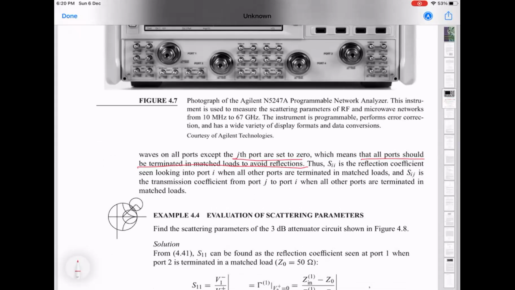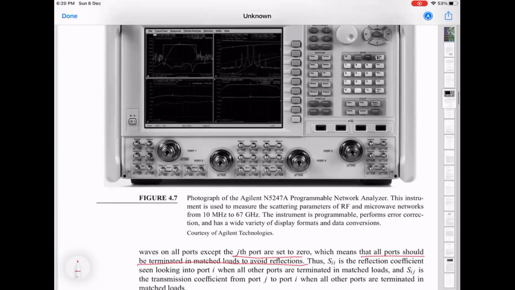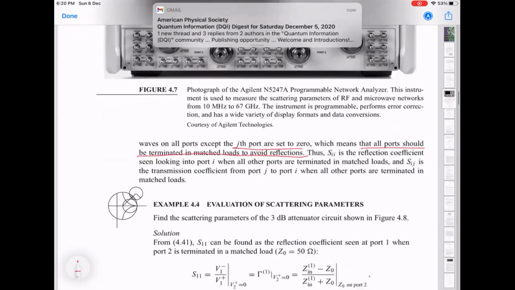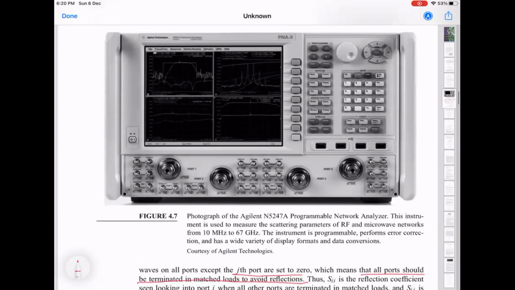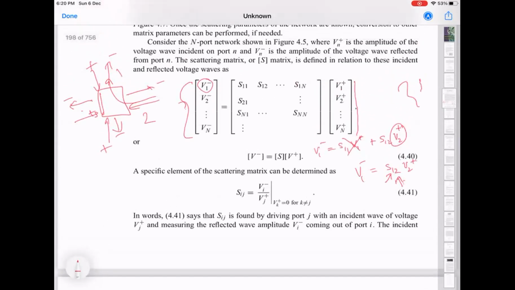If you have an N-port system, all the ports must be connected either to the instrument, say the network analyzer, or terminated with a 50 ohm load, depending on the quantity you are measuring. Otherwise, it's not going to make sense. The condition that you want all the unwanted V pluses to be 0 can only be ensured if that port is terminated.